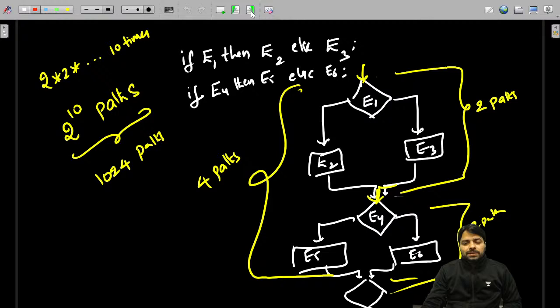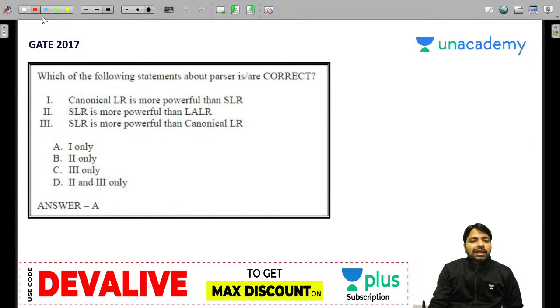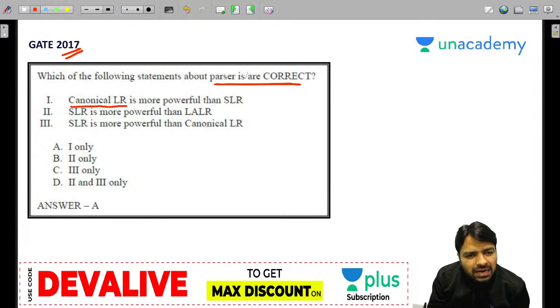Okay, this is the concept, guys. Next one, GATE 2017. Which of the following statements about parser is correct? Canonical CLR means simply LR is more powerful than SLR1? Yes, SLR is more powerful?